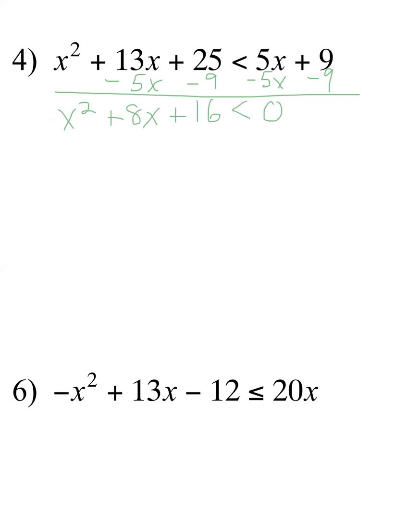I can factor this. I get (x plus 4)(x plus 4). So I'm only going to get one critical value, which is -4 in this case. And I get it twice, but that's fine.